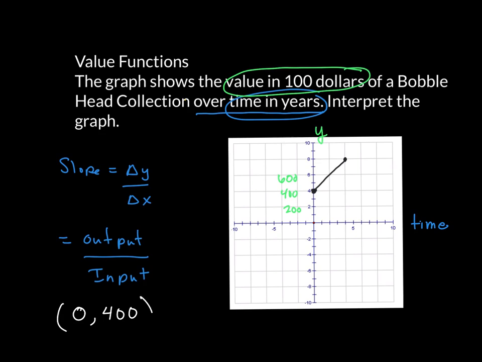That means at the very initial, it looks like the first time the person bought the collection, which is the very beginning of the graph, it had a value of 400. Then over the next few years, the graph is going up, and the second point has an x value of 4. So at 4 years, now the collection is worth $800.